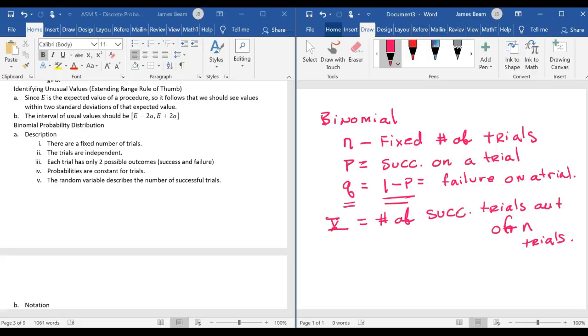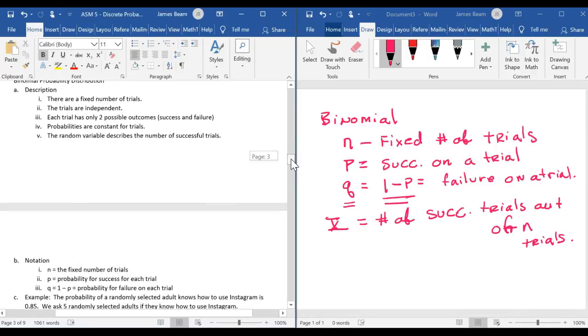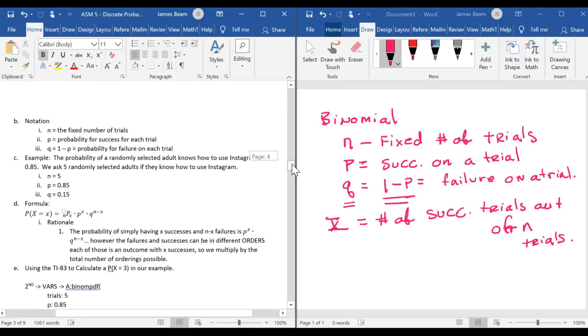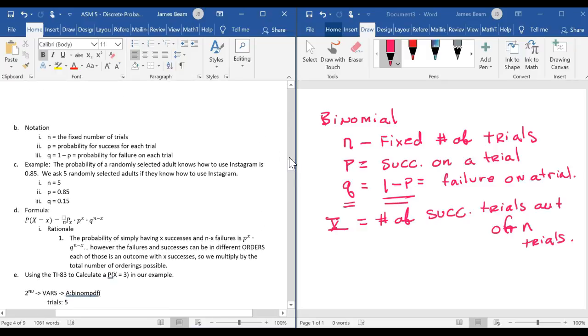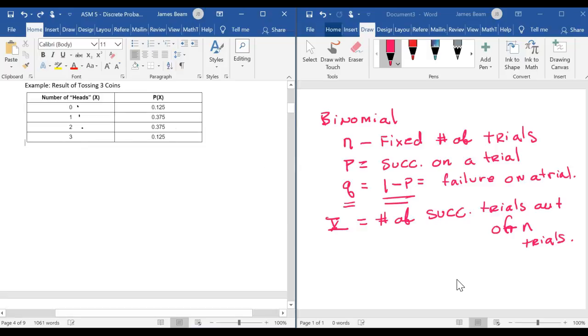N is the number of trials, P is the probability of success, Q, which is 1 minus P, is the probability of failure, and X is the number of successes that I get. That's what we're counting as the random variable. And we just walked through all that notation. Okay, so I give an example here.